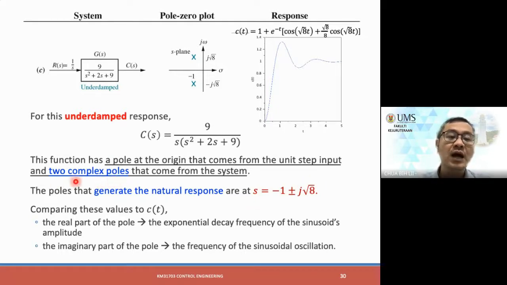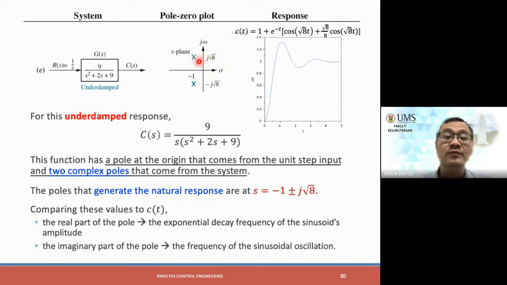So how it would look on the poles and zeros plot itself is that the pole is no longer on the real axis but away from the real axis. Because this is a plus and minus, the real value is minus 1 and the imaginary value is the square root of 8.